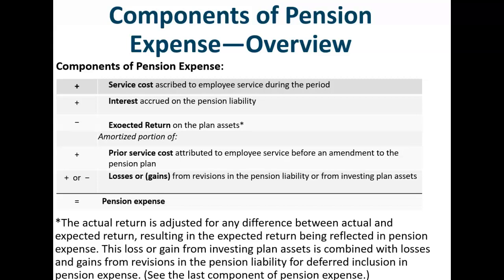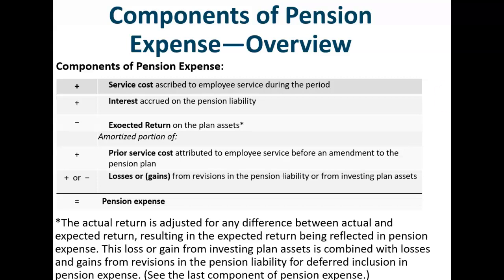The annual pension expense reflects changes in both the pension obligation and the plan assets. This illustration provides a brief overview of how these changes are included in pension expense.